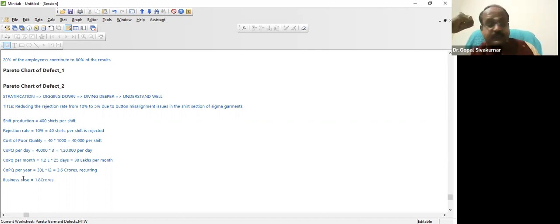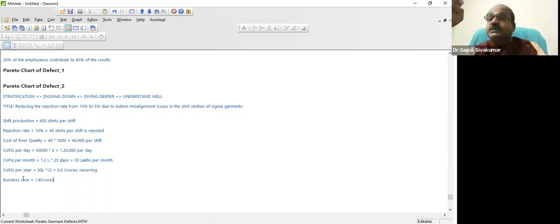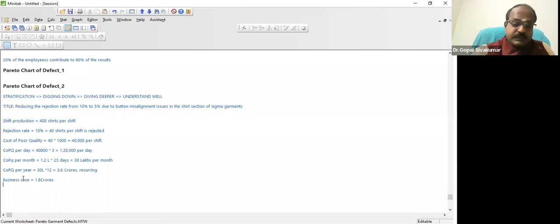If my project is successful, what will be the financial benefit to the company? 1.8. This is called the business case. This 1.8 crore is a direct financial benefit, 1.8 crores annually.